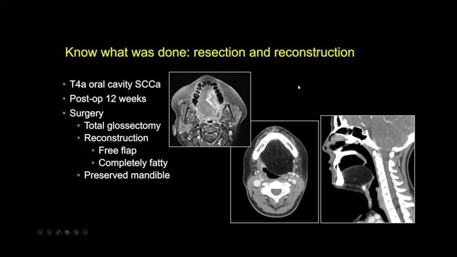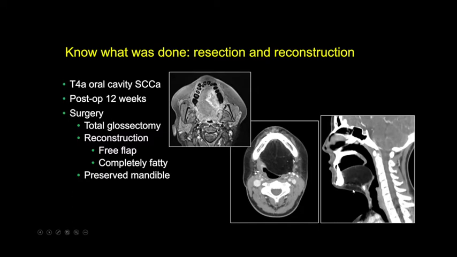So we know the post-surgical edema should have resolved, and now it's a good time to look for residual or recurrence. The flap itself is nice and fatty, homogeneous with these thin septations and vessels. We'll be looking carefully at what's called the recipient bed around the boundaries of the flap.